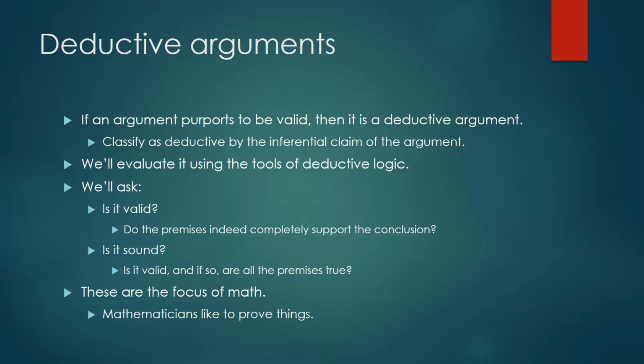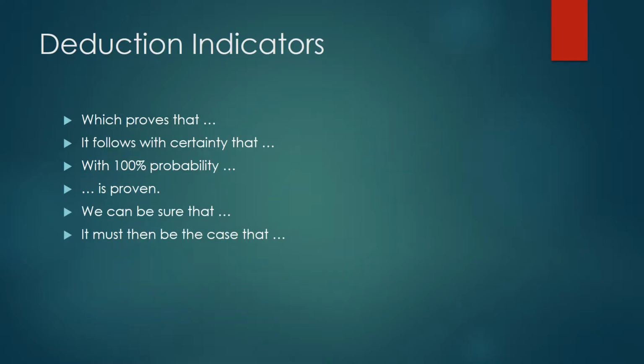Notice that deductive arguments are the focus of math. Mathematicians like to prove things. Mathematicians also use inductive logic, but their focus is on deductive logic. They like proofs. There are a number of indicators which we can often look at in an argument which indicate that the arguer believes she's offering a deductive argument.